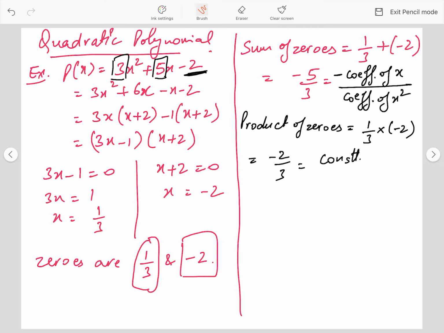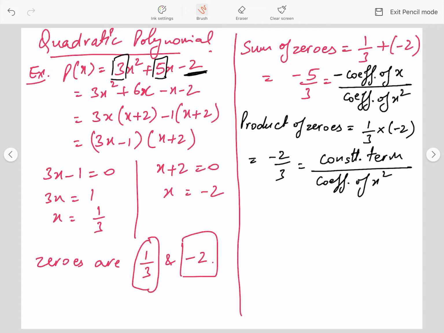So that will be equal to the constant term by coefficient of x square. So this is the relation between the zeros and the coefficients. The sum of zeros is equal to minus coefficient of x upon coefficient of x square, and the product of zeros is the constant term by coefficient of x square.